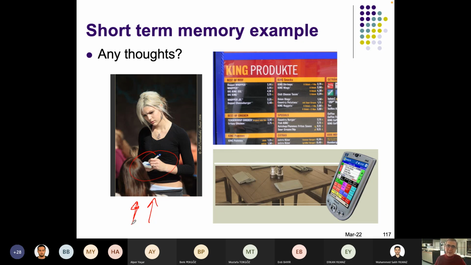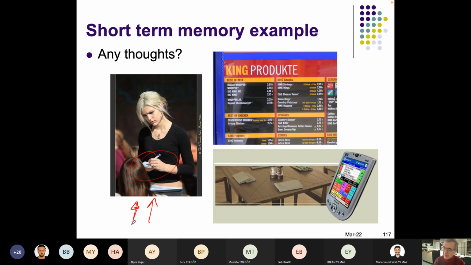All they have to do is go back to the edge of the restaurant, and from the touch panel they enter the order. Sometimes they have a tablet or phone in their hand, so they can enter the orders as they are getting from you interactively. In that case, their short-term memory burden is reduced because they have that in their hands.